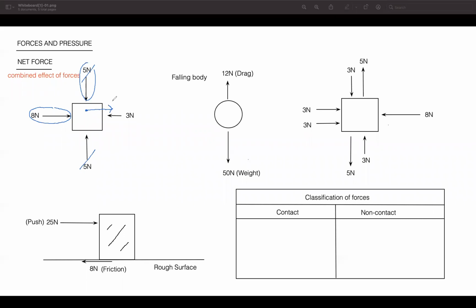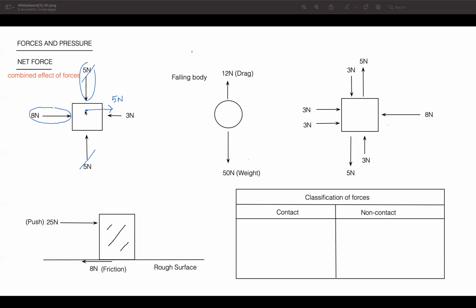The object would still move to the right, but with a lesser force, 5 Newton. So we take the difference. Now, the rule of thumb is if the forces are pointing in the same direction, you add them. If they are pointing in the opposite direction, you minus them.